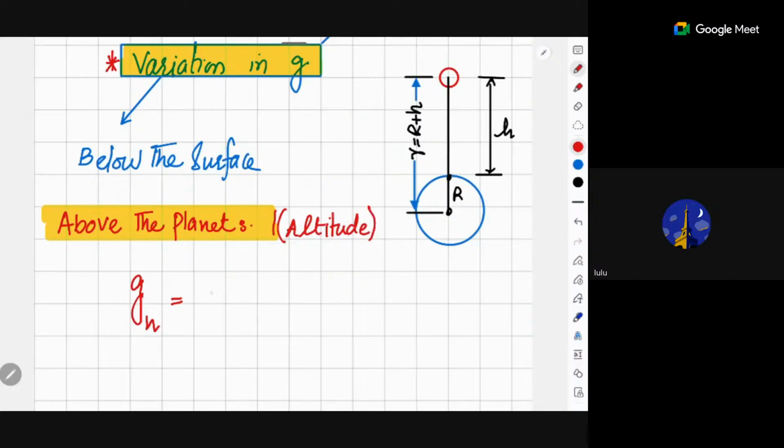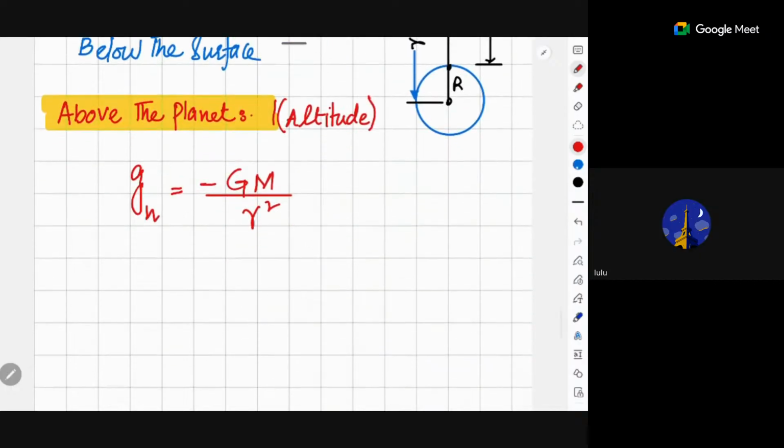Okay. Now moving on, the value of g is basically negative GM divided by small r square, where that small r at height h is equal to R plus h.